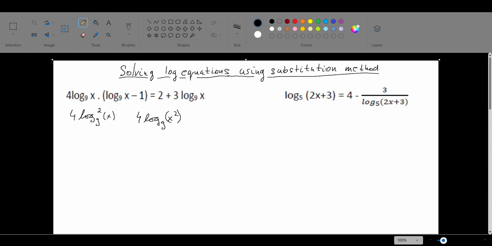As you can see, log times log is log squared, and it's not x being squared, but the whole function, in this case the logarithmic function.